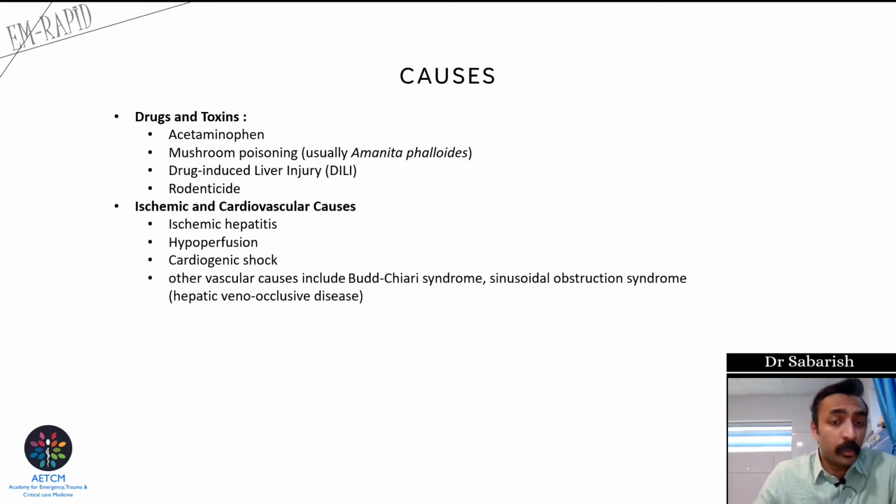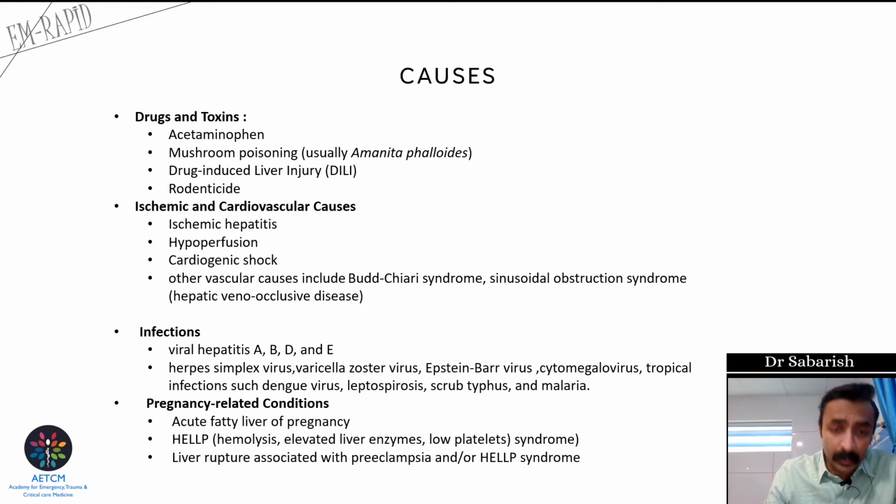Then you have ischemic and cardiovascular causes like ischemic hepatitis, hypoperfusion-related liver failure, cardiogenic shock, and other vascular causes like Budd-Chiari syndrome and sinusoidal obstruction syndrome. Then you have infections. This is again a very common cause, where you have patients with viral hepatitis A, B, D, and E, and herpes simplex, varicella, EBV, cytomegalovirus, and also tropical infections like dengue virus, leptospirosis, scrub typhus, and malaria.